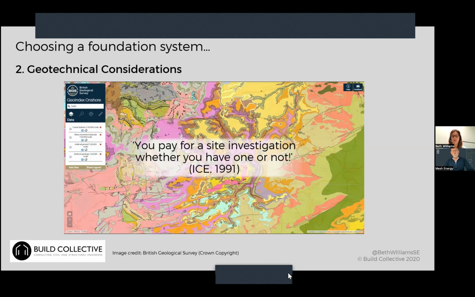You have more certainty in your costs and your foundation designs by having a good site investigation. Whether it's trial pits or boreholes will depend on what type of foundation you're doing, so get some specialist advice on that. And particularly if you're wanting to do something that is pushing the norms in terms of reducing concrete in the foundations, you definitely want good information on your local geology.